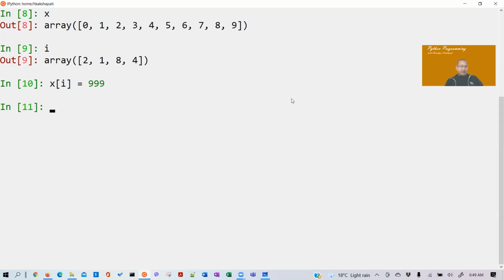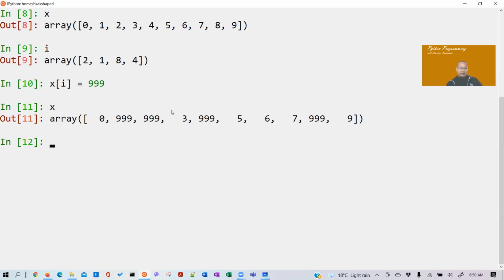So you'll see that wherever you have this, say 2 मा, yes, again it's a 999. 1 मा 999, 8 मा 999, and 4 मा 999. So all at once you can see you have set all those positions, these indices that you provided, to this value, right? Okay, so does it make sense?